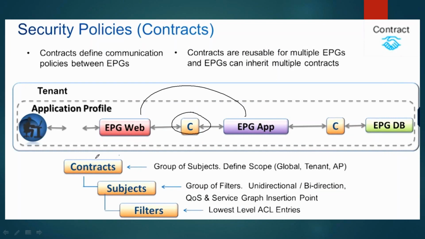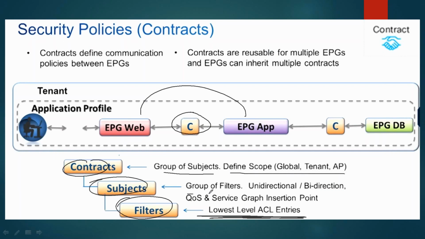You need a contract. In a contract, you need to define subjects and filters. Filters are nothing but the ACL entries. So here you can see the contract is a group of subjects, with a defined scope: global, tenant, AP, a group of filters, unidirectional or bidirectional. Inside the subject you can define the ACL entries.